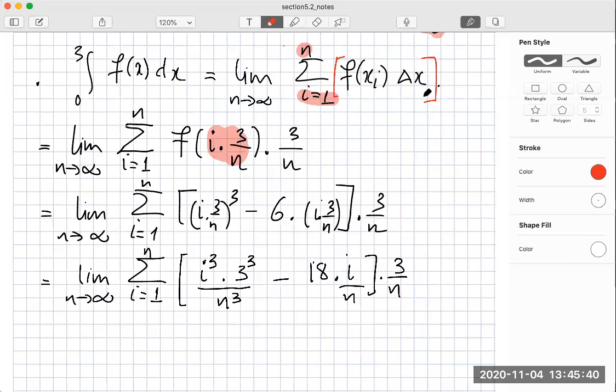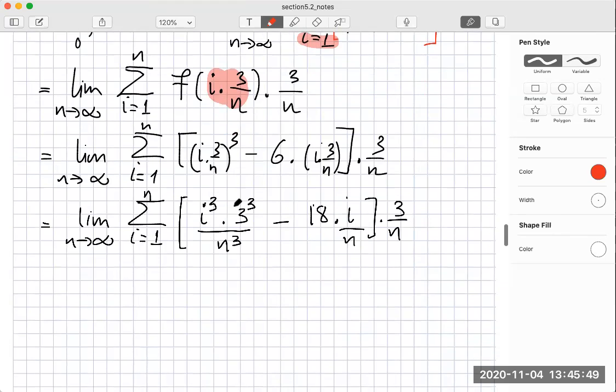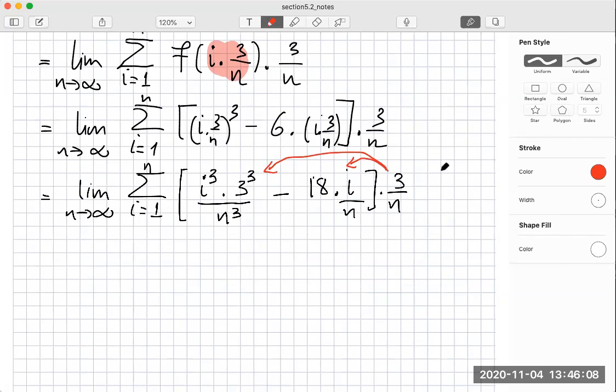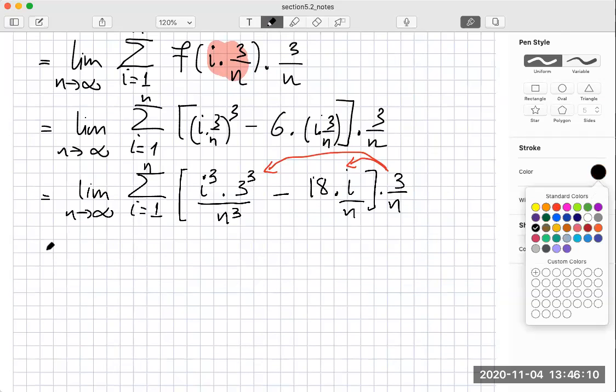Either way is fine, okay? Now, again, this is the difference of two things, then multiplied by 3 over n. So can we distribute this guy here? We can do it normally, right? So what do we have if we do so?